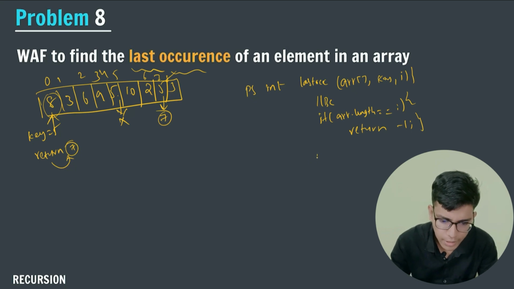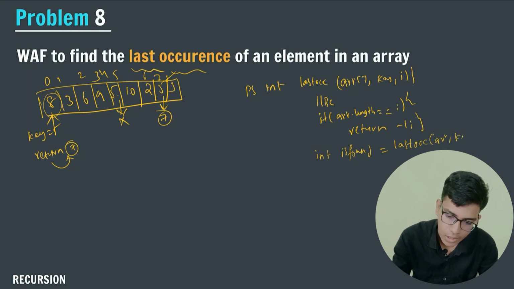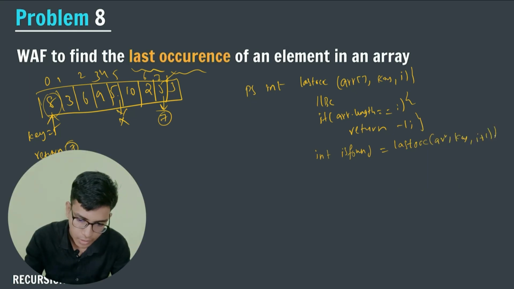After that I am going to create the isFound function, which will check the rest of the array. So lastOccurrence, here I am going to pass arr, key, I plus 1.